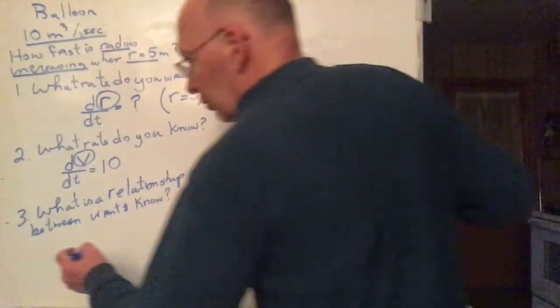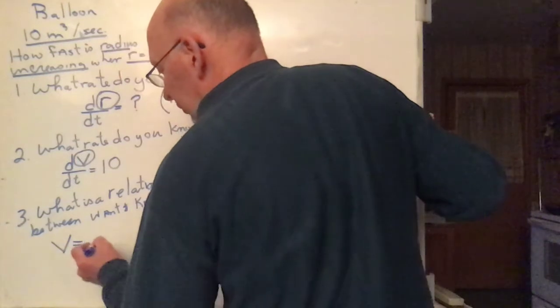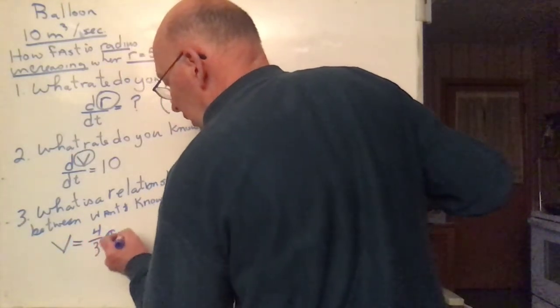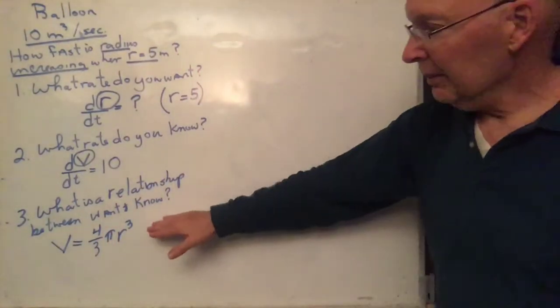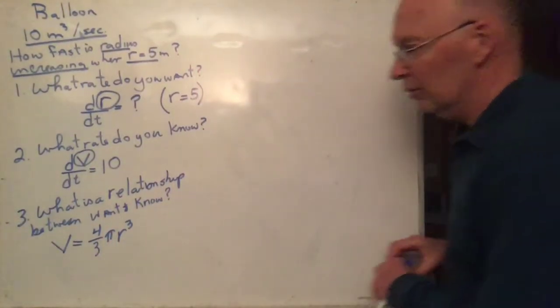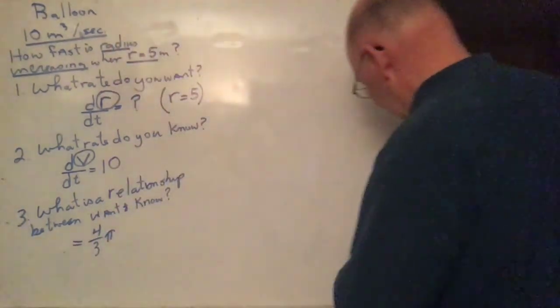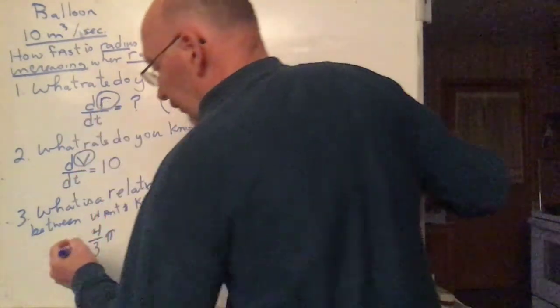Since it's a spherical balloon, here's the answer to the question. The volume of a sphere is 4/3 pi R cubed. Okay? And I'm going to rewrite this with an emphasis on the fact that both R and V are functions of time.